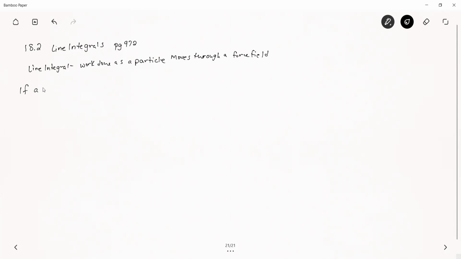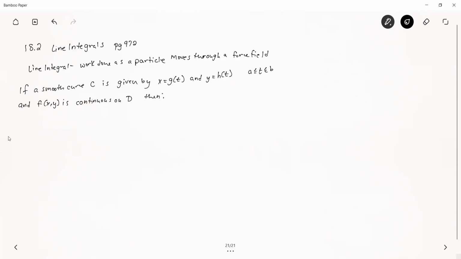So if a smooth curve C is given by x equals g of t and y equals h of t, where t is between a and b, and our f of x, y is continuous on our domain, then our line integral looks like this.